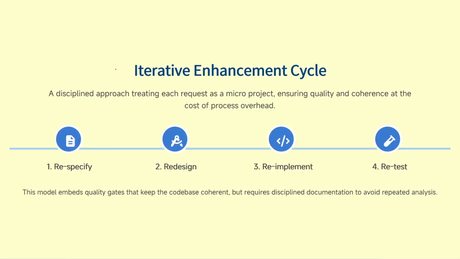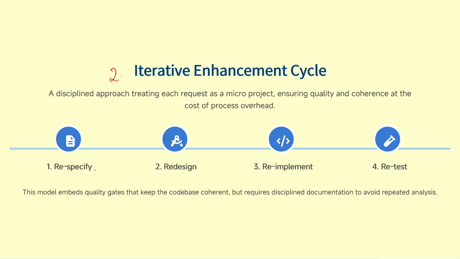The second model is the iterative enhancement cycle. Just like the iterative model that we learned in the process models, this comes under software maintenance. The same thing: we have to re-specify, redesign, re-implement and retest.